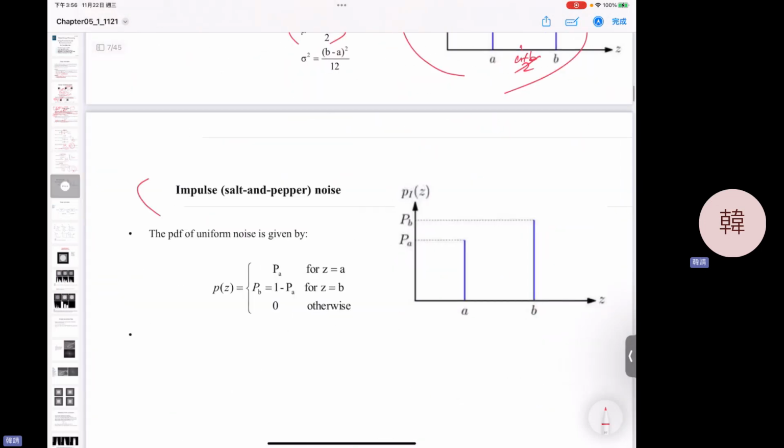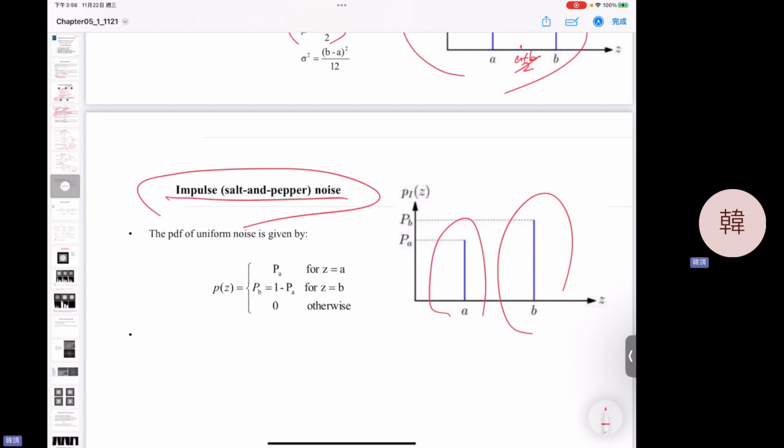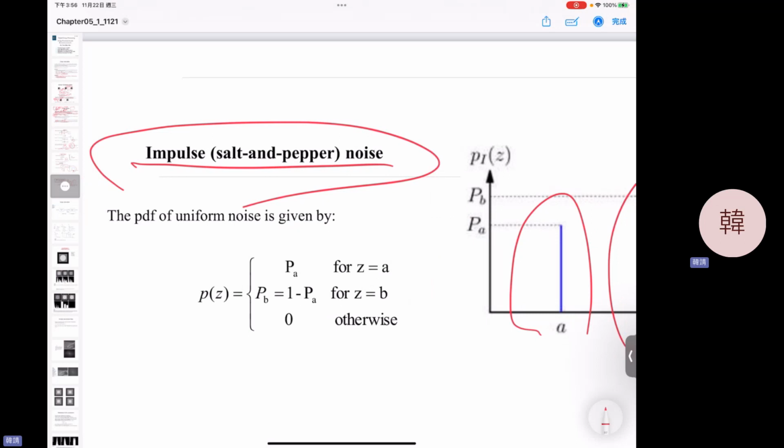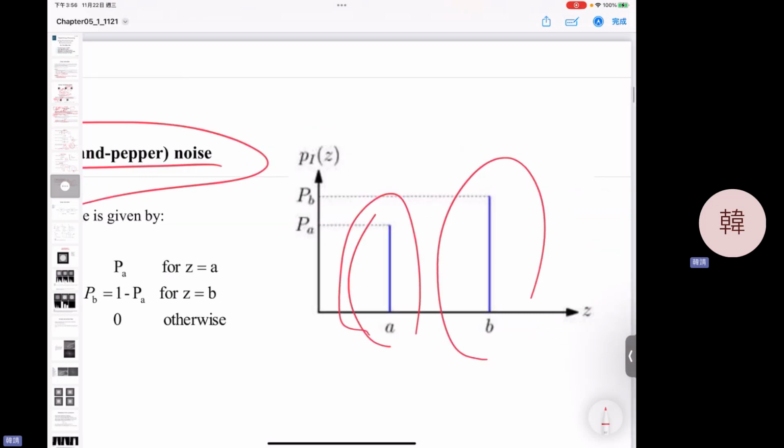The next one is impulse noise. So we have 5 different noise models. Impulse noise must be easy to spot in the degraded image. You can see some light spots and some dark spots in your image. For this noise model, we have to use probability to describe it. So the added probability is 1, right?